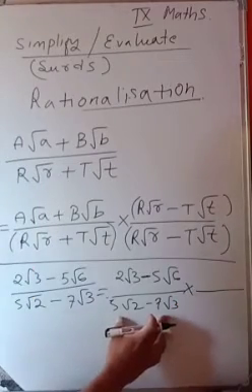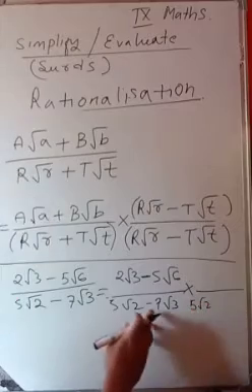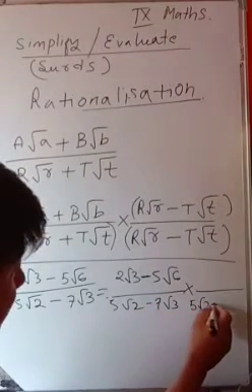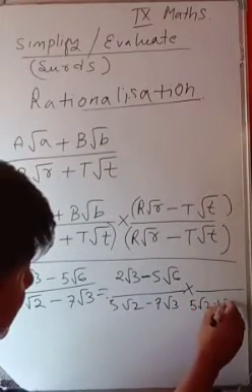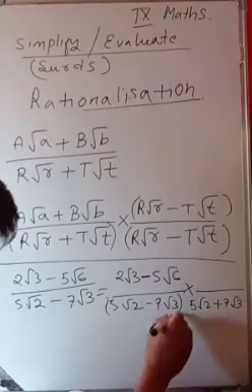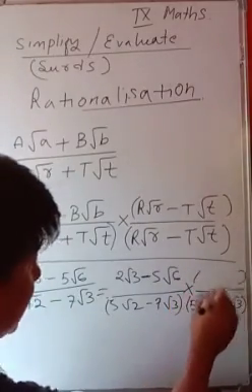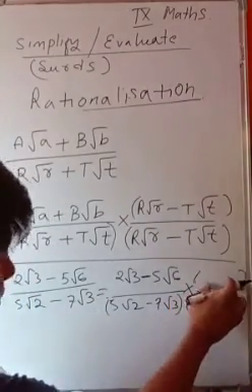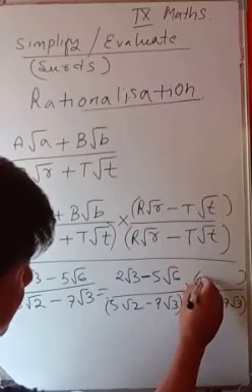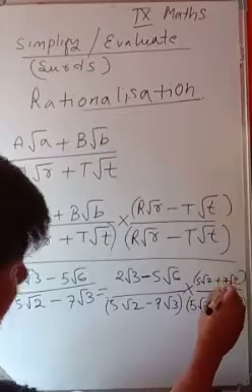The same number here, 5 root 2, but here is minus, so you use plus: 5 root 2 plus 7 root 3. You can use brackets. Now in the numerator you have to use the same thing also, 5 root 2 plus 7 root 3.